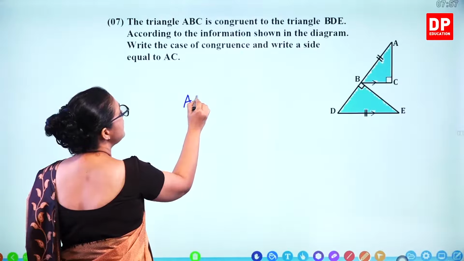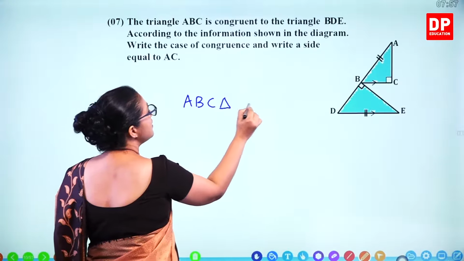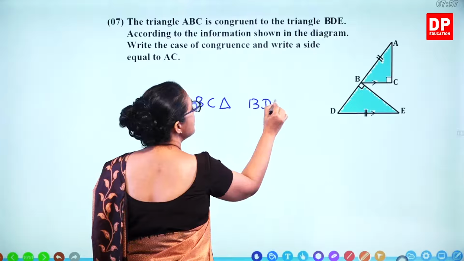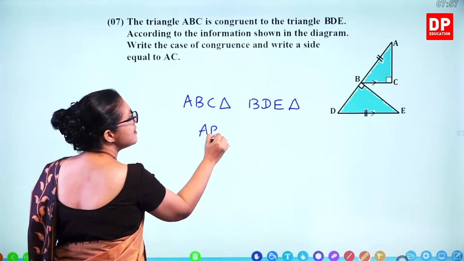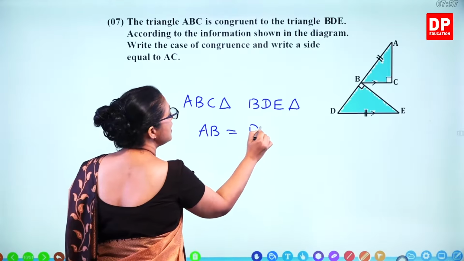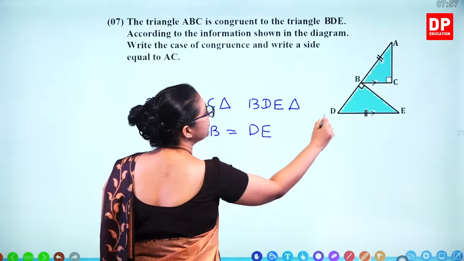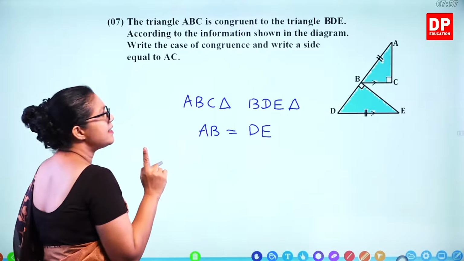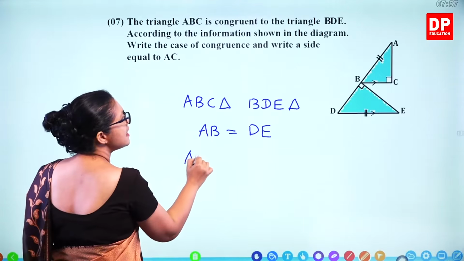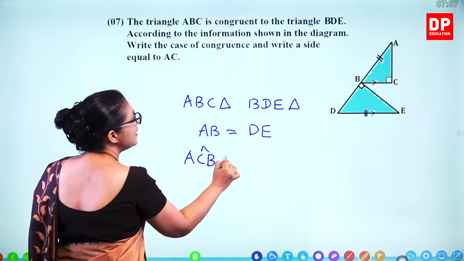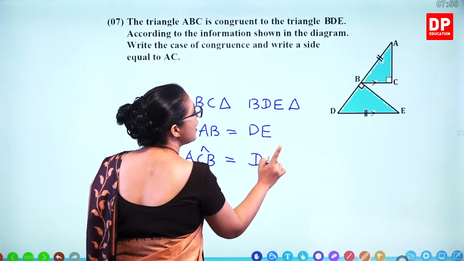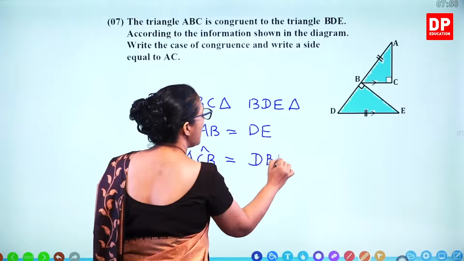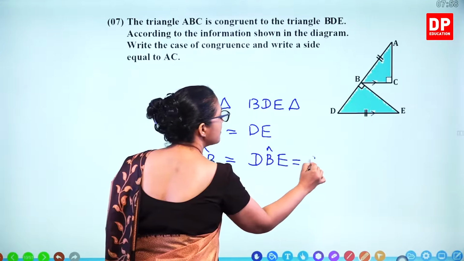ABC triangle and BDE triangle. We know that AB is equal to DE. It's given. And the 90-degree angle, ACB angle, is given equal to DBE angle, that's 90 degrees.